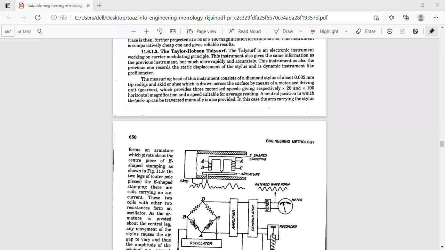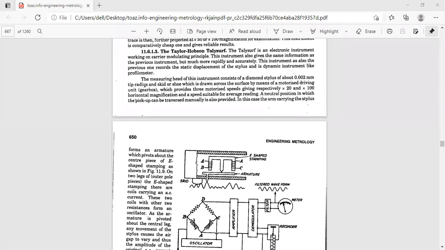And here we have the measuring head of the instrument, which is a diamond stylus. So that's what we want to study, the features of the stylus, probe, everything. It has a tip radius of 2 micron, and apart from that we have a skid or shoe which will be guiding the stylus.